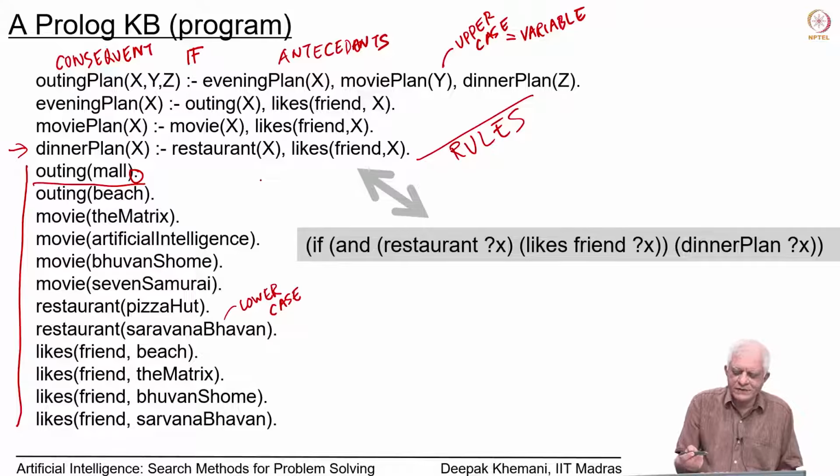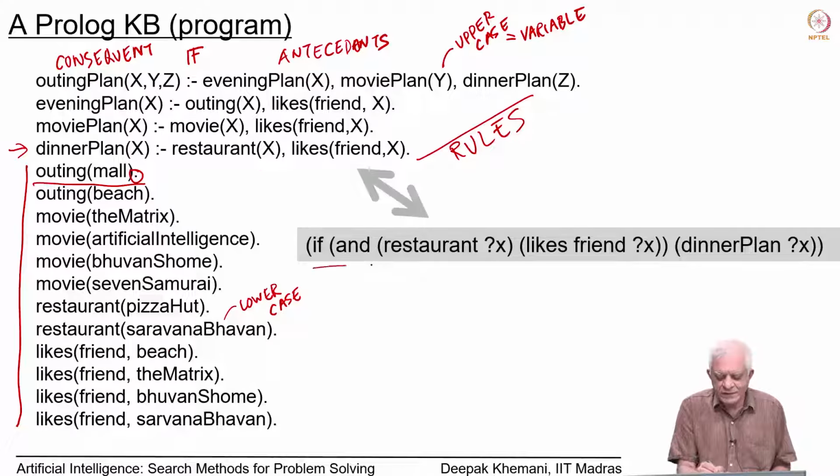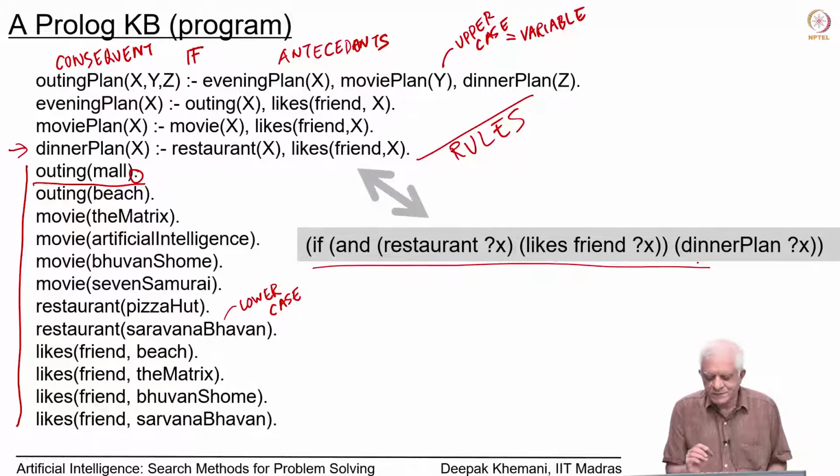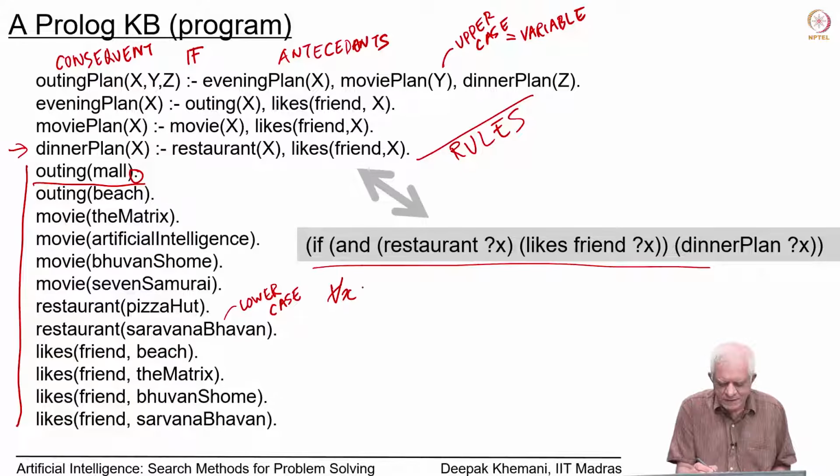If you were to write this in logic, you would write it as a statement like this: for all x, restaurant x and friend x and likes friend x implies dinner plan. So, let me write it again here: for all x.